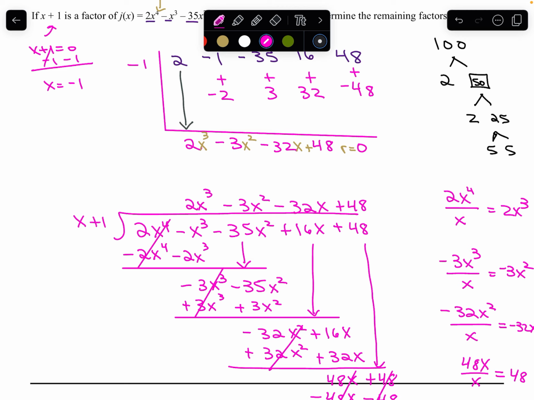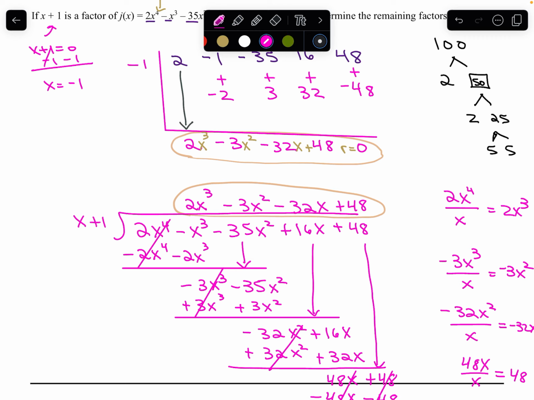Okay, so now we have to take a look at this and say, well, we know x plus 1 is a factor, and we know this polynomial that we got here, or here, depending on how you did the problem, is also a factor.